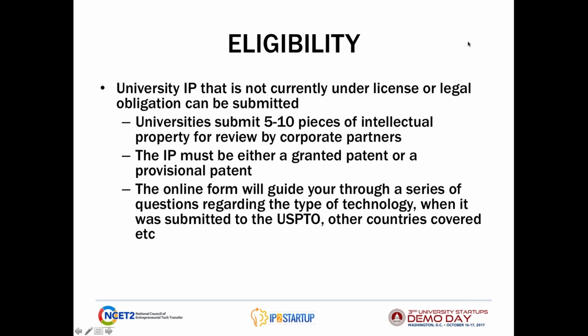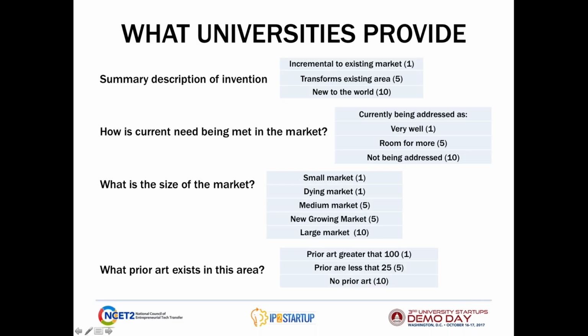So what you're going to be providing on the next slide is really a summary of your invention. And then these are the kinds of things that you're going to be ranked on, in the adjacent boxes. So if it's a summary of the invention, really is it incremental to an existing market?